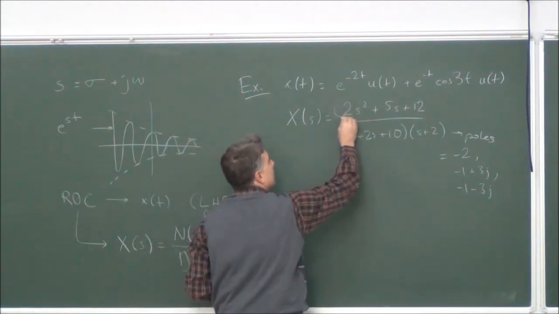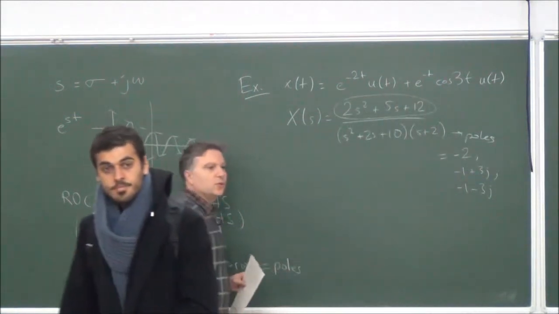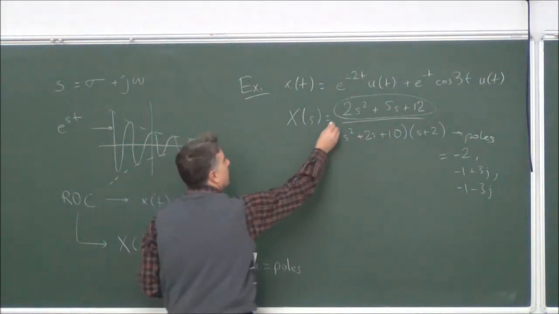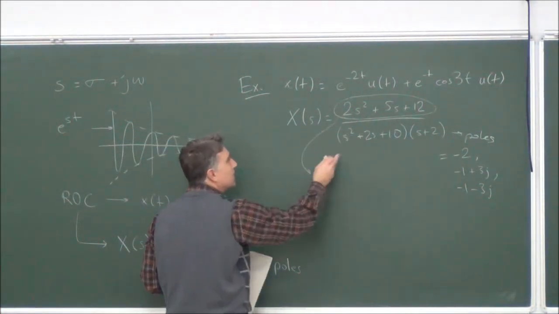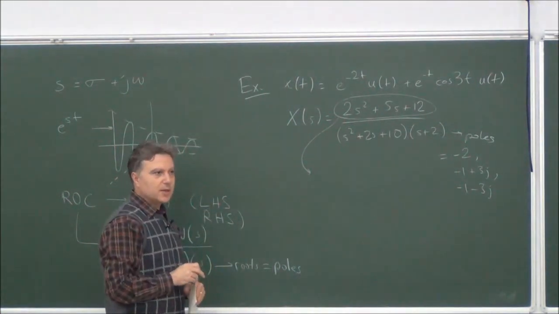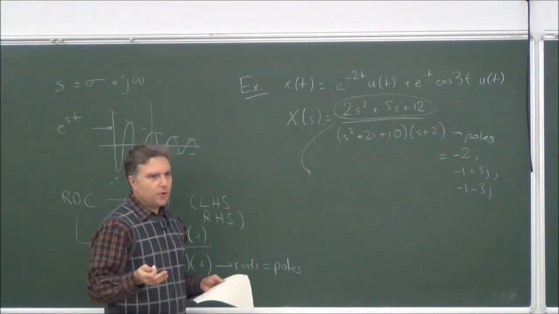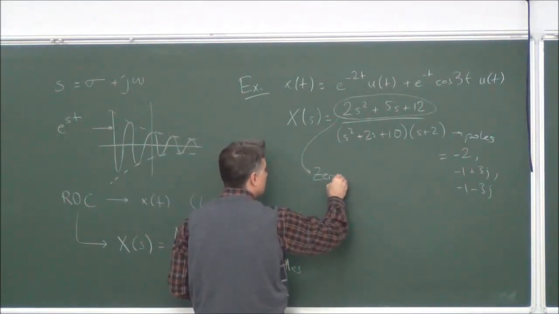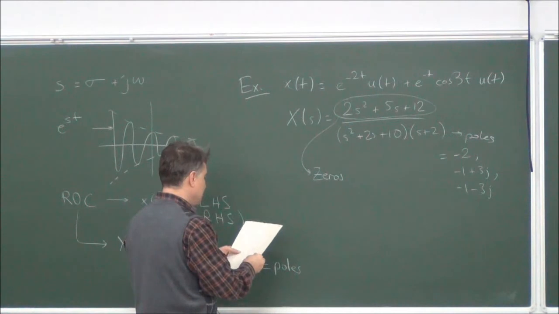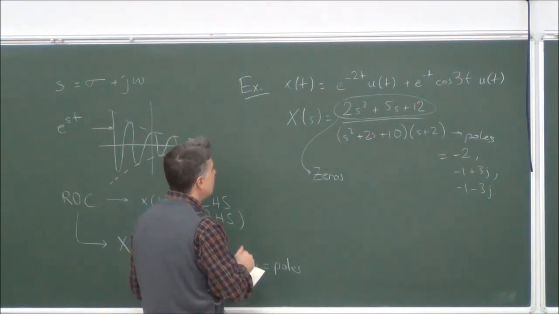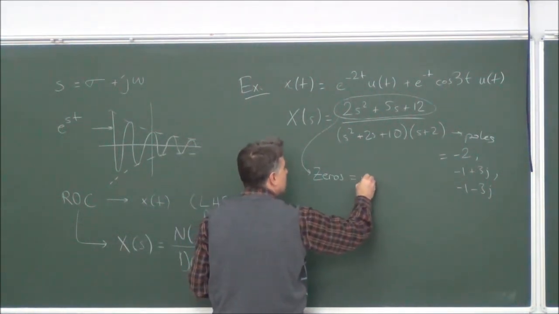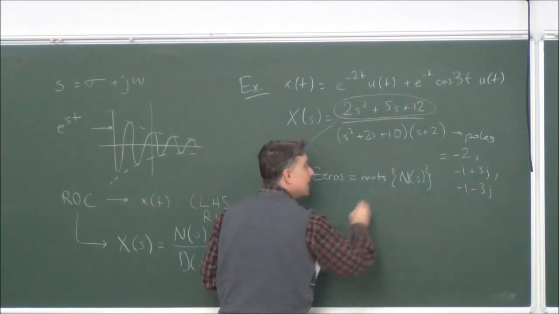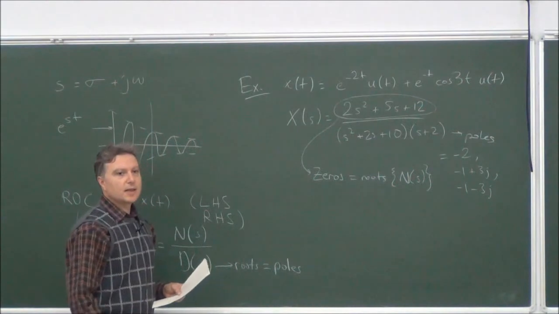But what's happening to the roots of the numerator? Does it affect anything? Does it have a meaning? It is not as critical as the roots of the denominator because it doesn't define the region of convergence. But it also has a name, and they are called the zeros of the system. And the zeros are the roots of this numerator of s, whatever they are, and wherever they can be.